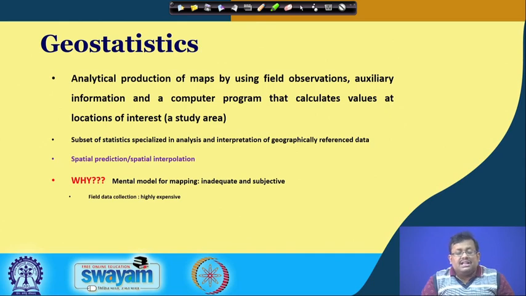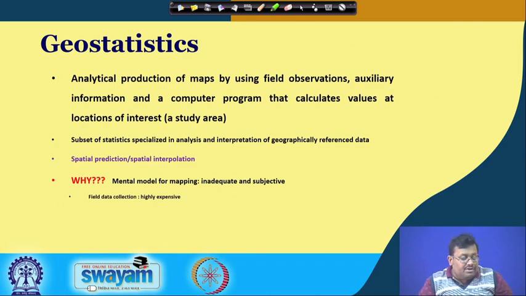And the other name of geostatistics is interpolation techniques. Sometimes, although geostatistics is not solely based on interpolation, they can be used interchangeably most of the time. So, it is a subset of statistics specialized in the analysis and interpretation of geographically referenced data, and it helps in spatial prediction or spatial interpolation.